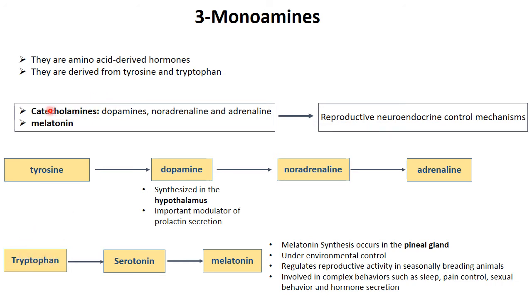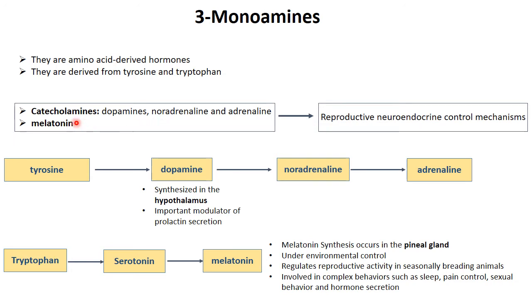Now, in the catecholamine subclass, we have dopamine, noradrenaline, and adrenaline. Noradrenaline is also called norepinephrine, and adrenaline is also called epinephrine. The second class is melatonin and serotonin.